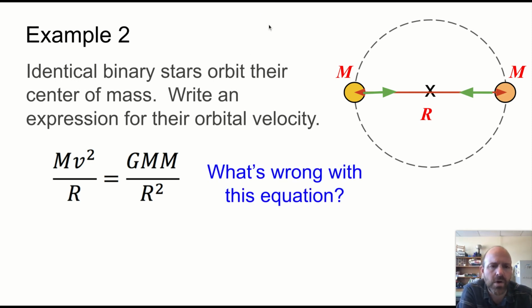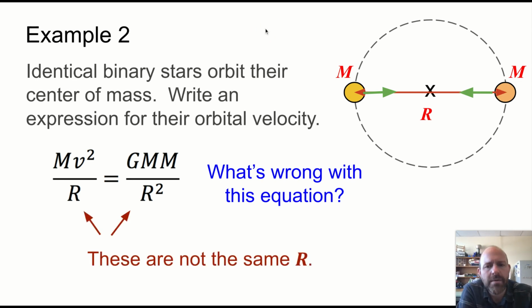But there's something wrong. I've used the same r value for both the radius of the orbit and the distance between these two masses, but they're not actually the same here, right? The r value that I wrote there is the distance between the masses, GMm over r squared. But the radius of the circle they're traveling in is actually half that.